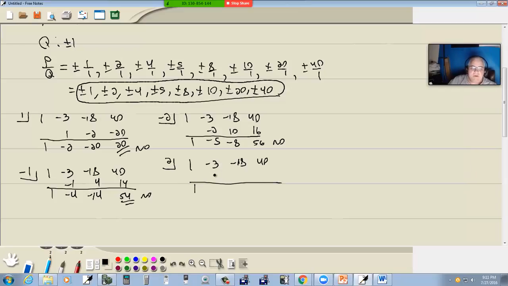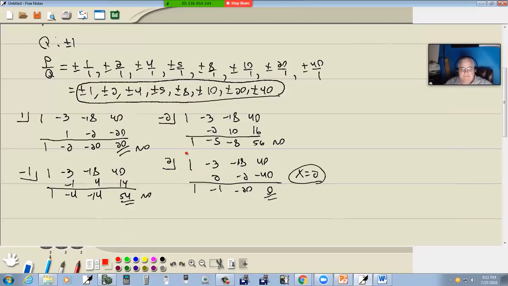Let me check that. Add, multiply, add, multiply, add, multiply, add. Look what we found. We found a 0. That means we found an answer. That means our first answer is x equals 2.